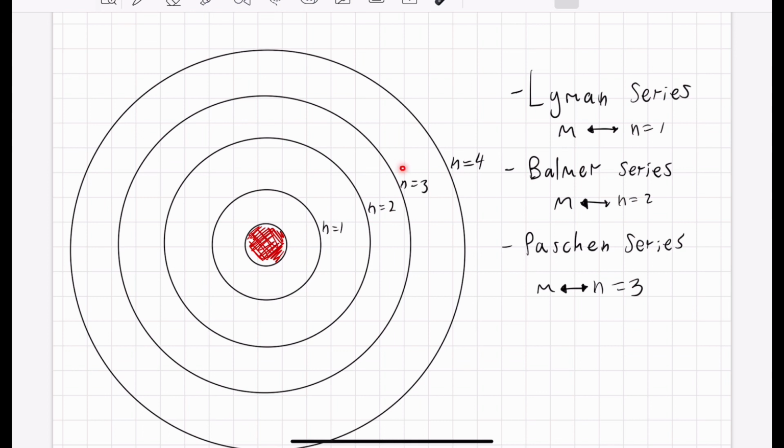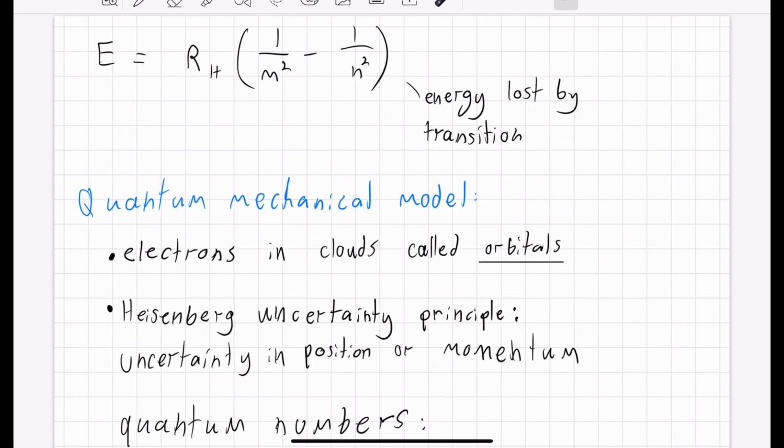So yeah, n equals 3 to n equals 4, and I didn't draw n equals 5, but it continues. So we can have n equals 3 going to n equals 4. This photon's absorbed into the electron. That causes the jump, or the photon can be emitted and the electron can go back down to n equals 3 from higher energy levels.